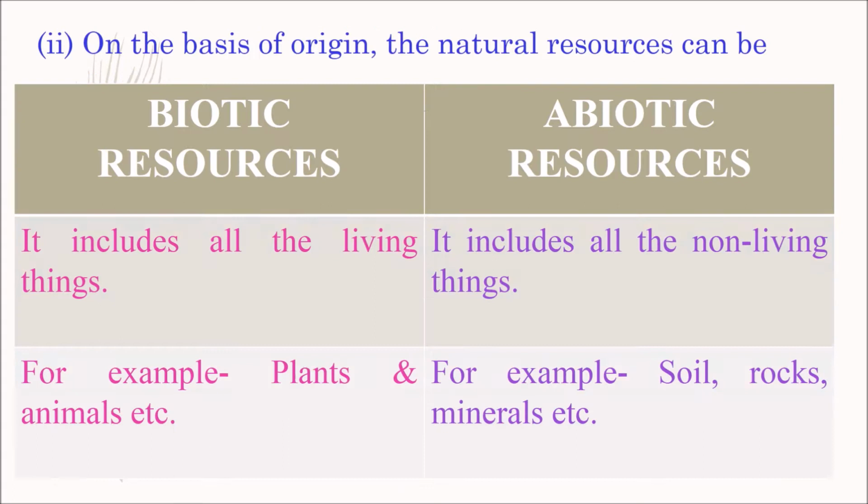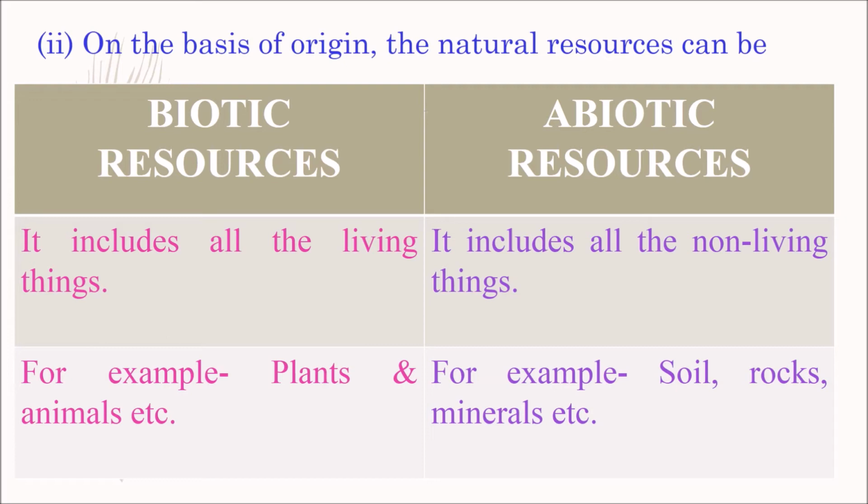Examples of potential resources: the uranium found in Ladakh is a potential resource that could be used in the future. The second one is on the basis of origin. The natural resources can be classified into two. The first one is biotic resources and the other one is abiotic resources. Biotic resources include all the living things, whereas abiotic resources include all the non-living things.